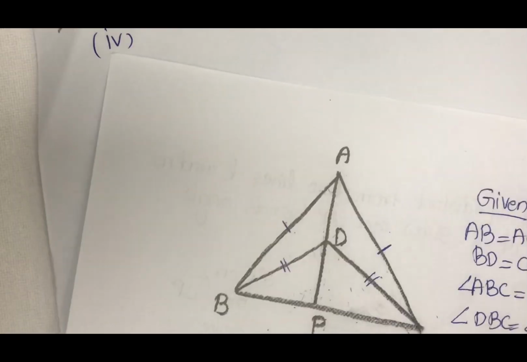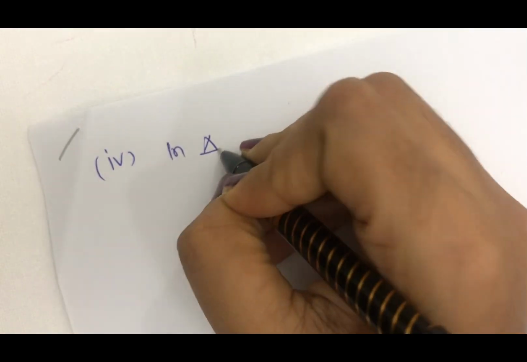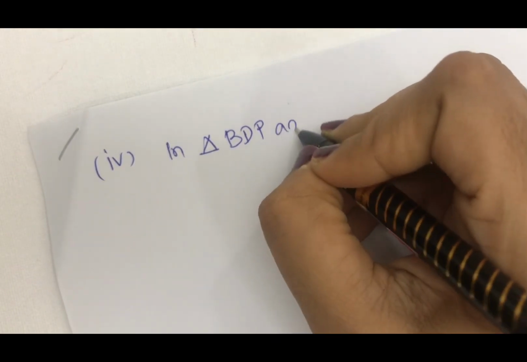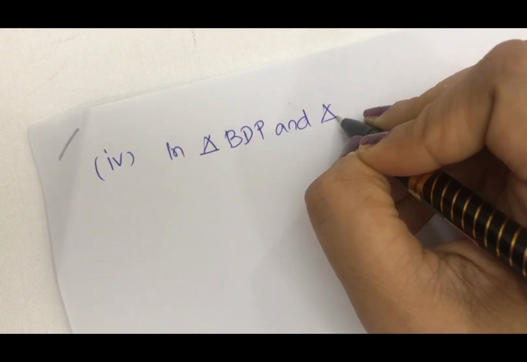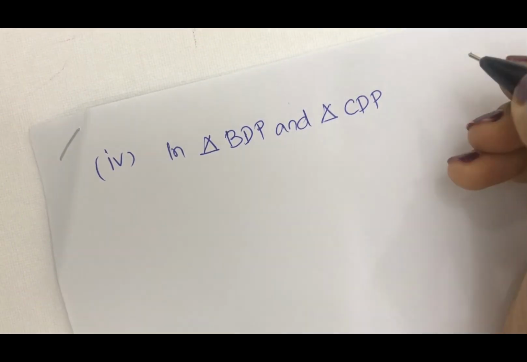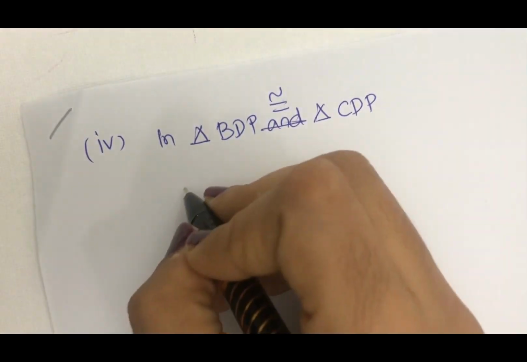Okay, so in triangle BDP and triangle CDP, they are congruent.